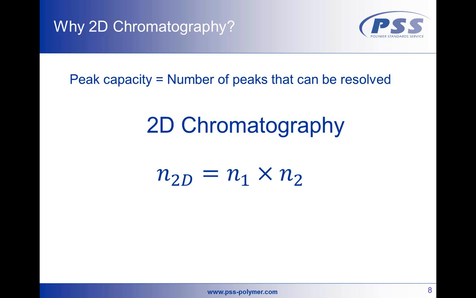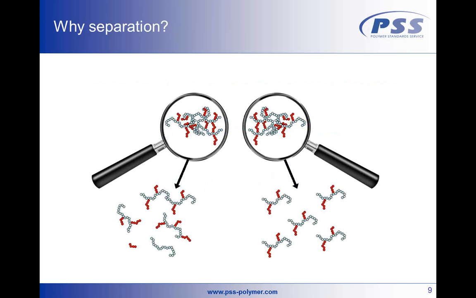If we do it in linear fashion, then we have a peak capacity n1. We can increase the peak capacity in one dimension by going to longer and longer columns. But if we use two different dimensions, then in the ideal case, the peak capacities of both dimensions multiply with each other, and that increases tremendously the number of peaks that we can separate. That is more or less a formal argument to use two-dimensional chromatography.